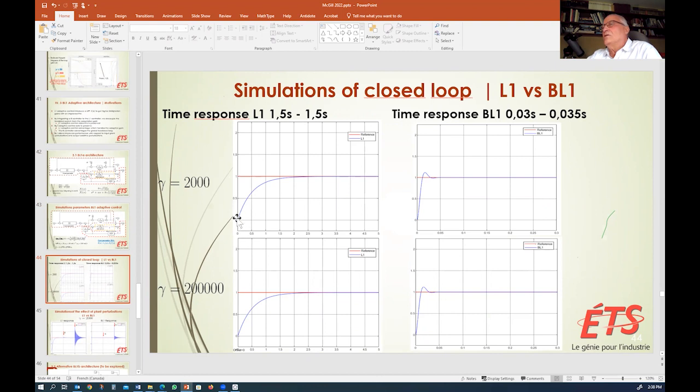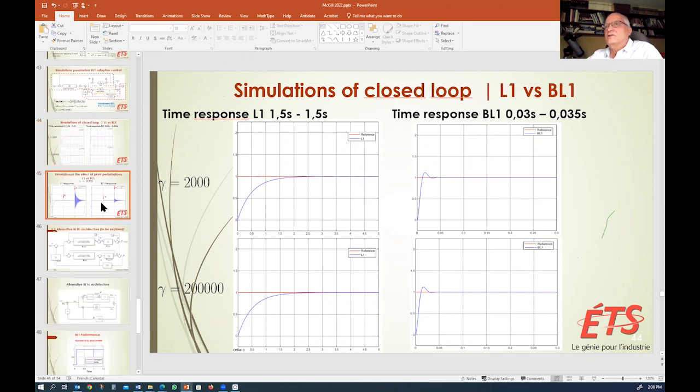I used this example with a gain of 2000, because I took exactly the same parameters that are used in the literature, and I'm comparing the same with the same. And you can see here, look at the scale, here it's 0.5, here it's 0.05. So my time response is improved tremendously. And again, I can still improve with pre-filtering and predictive filtering.